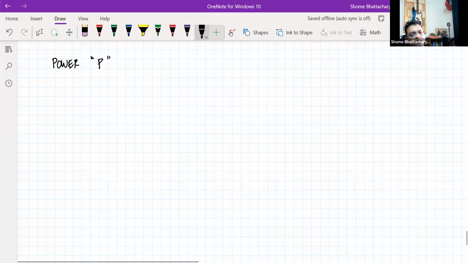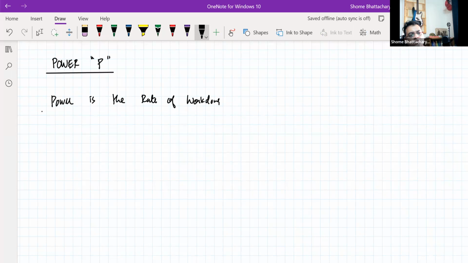Power is generally denoted with the symbol P. So the word definition of power is it is the rate of work done with respect to time.